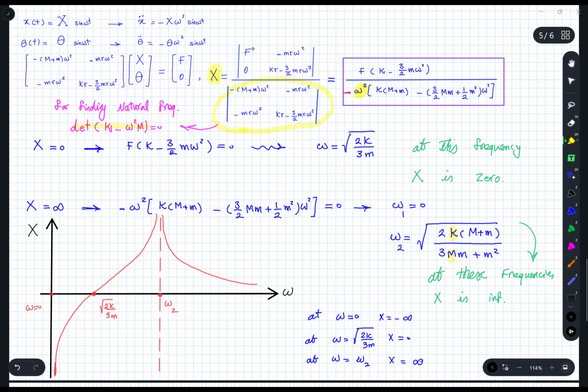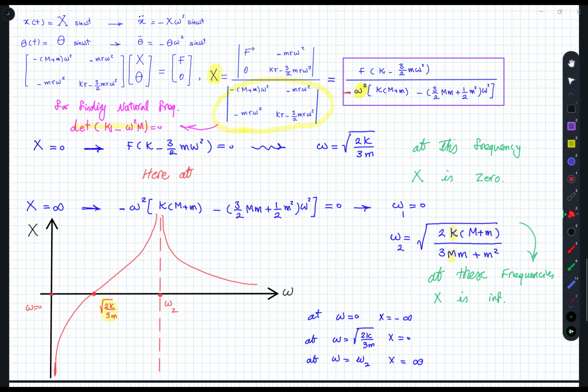Let's just focus on this omega. This omega is where X becomes 0. What does that mean? It means we have a vibration absorber at that particular frequency, right? So here I'm just going to add that at this omega, the disk acts as a vibration absorber.